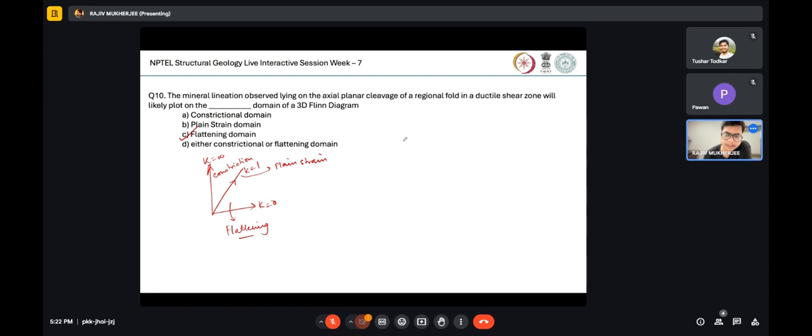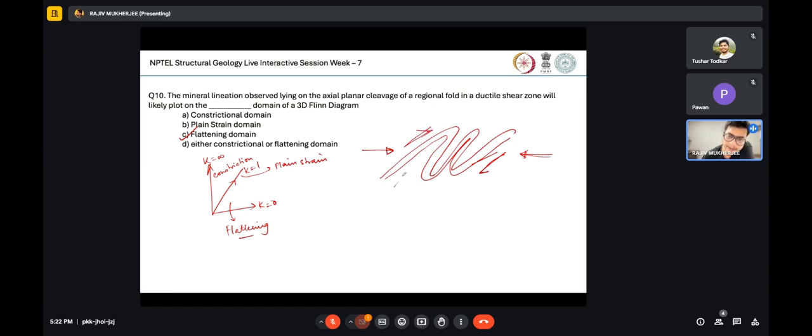Because when we are talking about ductile shear zone, folds are generally forming in asymmetric manner. Right. The asymmetric folding means compression and shear, simultaneous compression and simultaneous shearing is producing the deformed folds in a ductile shear zone.